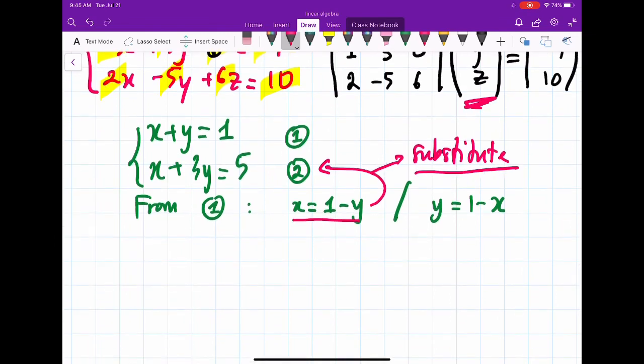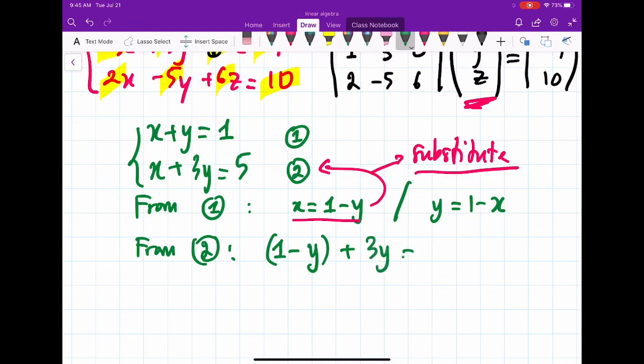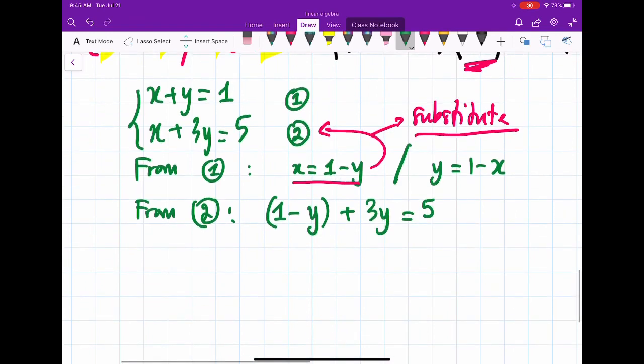So, and then we substitute this into 2. Instead of x, I have 1 minus y, right? This is x plus 3y equal to 5, okay? And then we have 1 minus y plus 3y equal to 5.